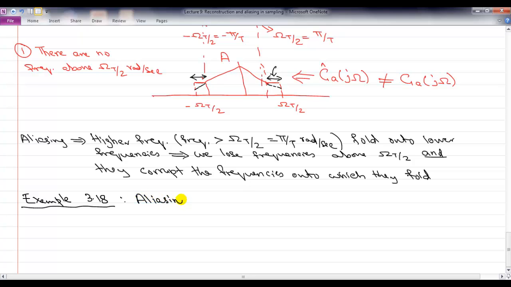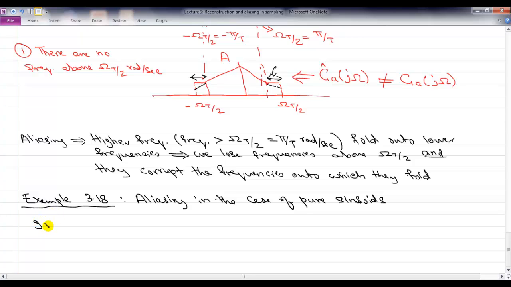Aliasing in the case of pure sinusoids. So what your signal is, it is made up of just one frequency, and we can look at the effects of aliasing in that case very explicitly. We can see that that one frequency appears as a different frequency if you don't satisfy the Nyquist criterion.